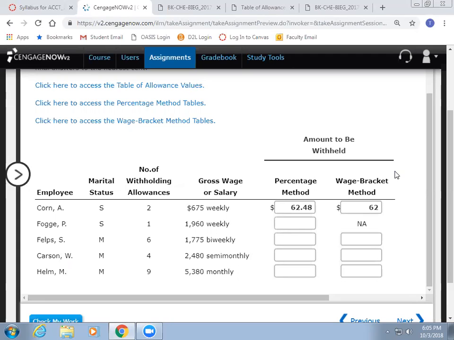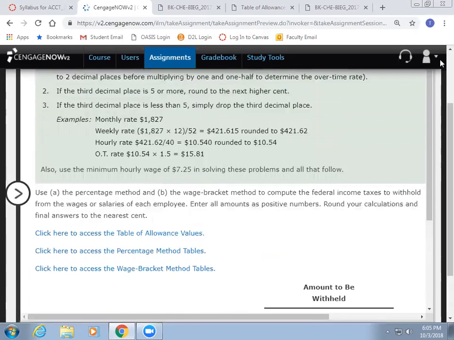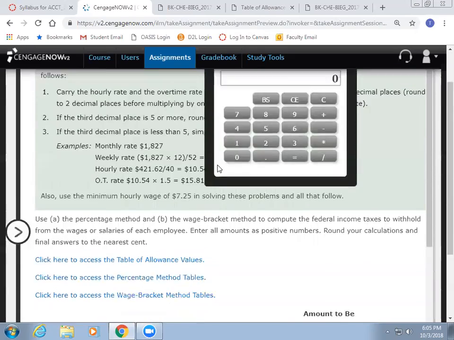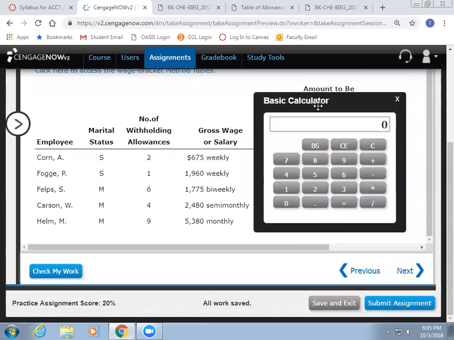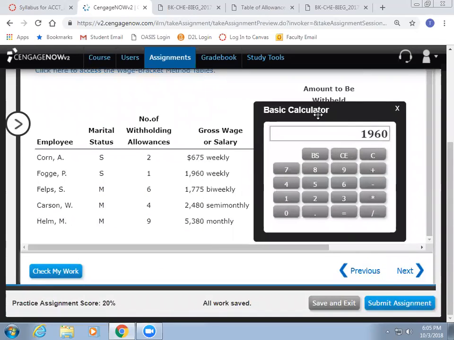So $1,960 minus $77.90, we get $1,882 and 10 cents. So that's what I have to look up in my table.